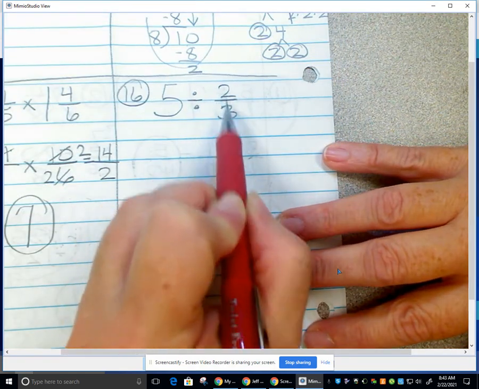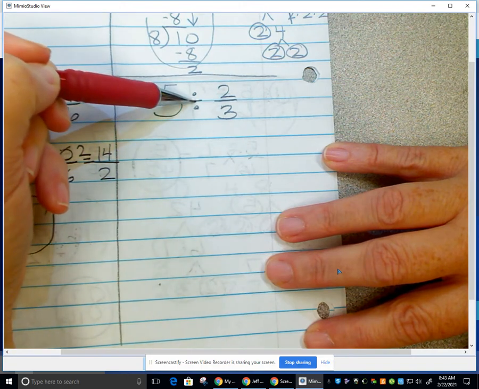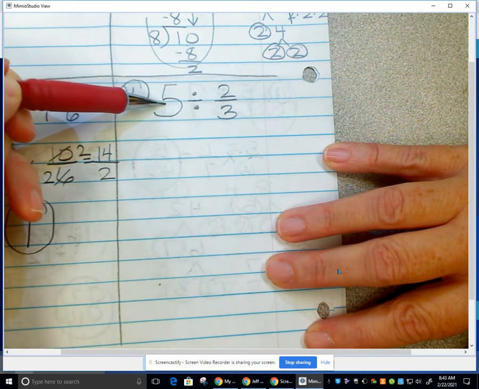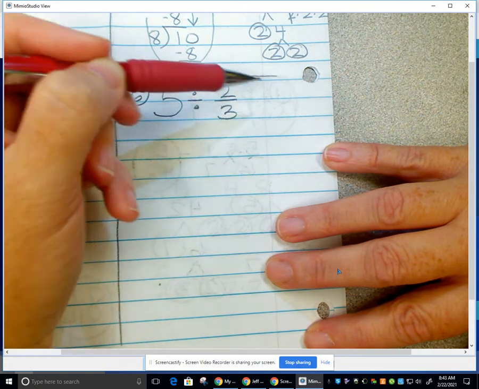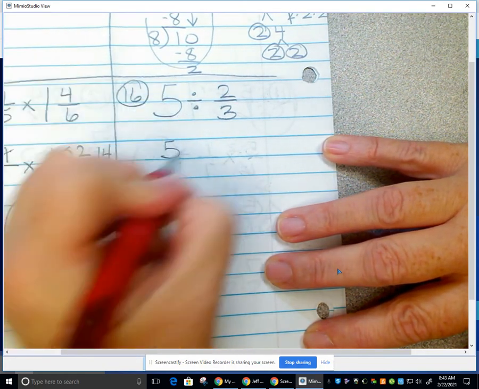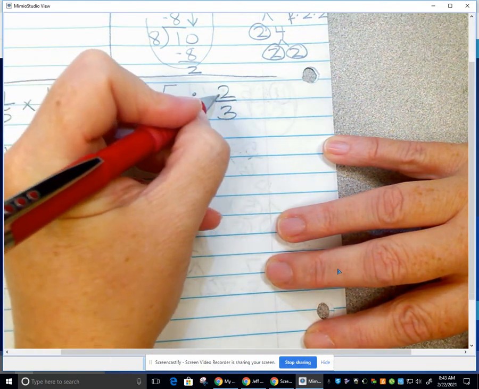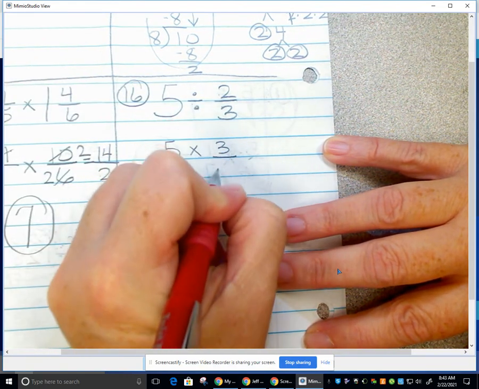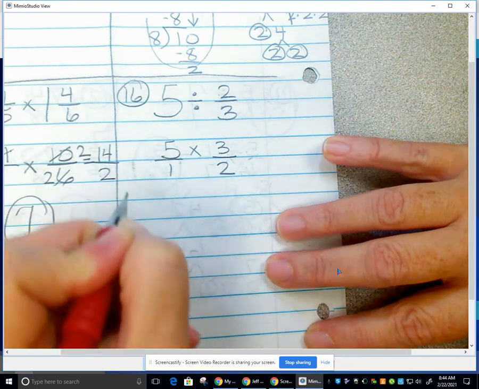5 divided by 2/3. Remember, we're going to keep it, switch it, flip it. And since we're starting with a whole number, my answer will be a whole number. So let me keep it, switch it, flip it. Instead of 2/3, I want 3/2. You slap a 1 right here.